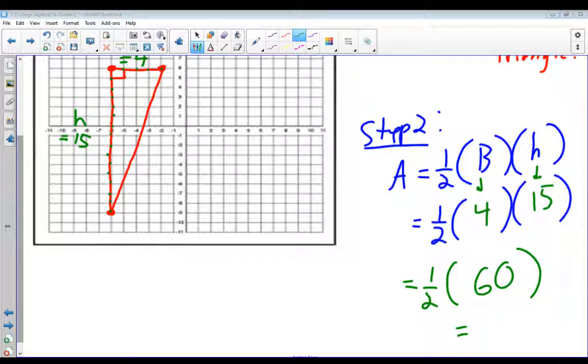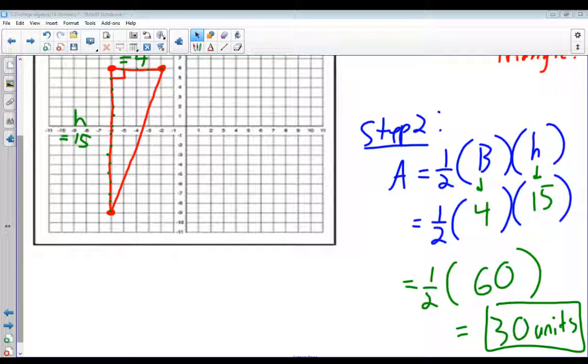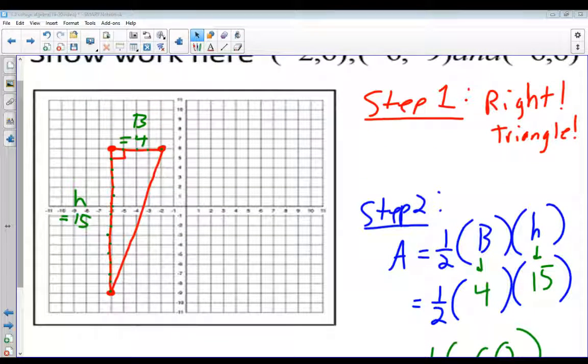Then just half of 60, boom, your area of the triangle is going to be 30 units. Done. So easy. Trust me, this is 10 times faster than what the Hawks program wanted you to do. And personally, this makes a lot more sense.